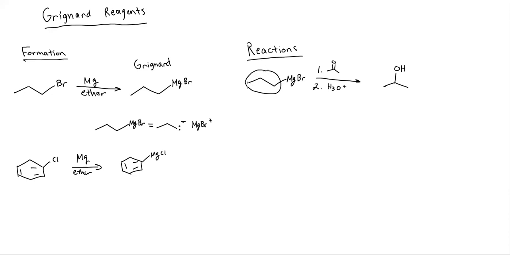So in this case, my Grignard is 1, 2, 3 carbons. So I add 1, 2, 3 carbons. I'm done. That's it. Okay. So very simple. All right. This is what it looks like with a ketone. With an aldehyde, it looks very similar.